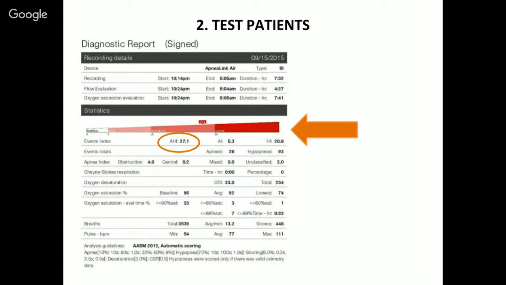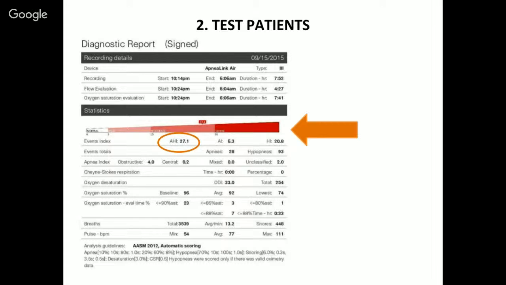Okay, you can see on there apnea. Recording time, 7 hours and 52 minutes. Flow evaluation time, 4 hours and 27 minutes. That's how long the nasal cannula was in. So this person who did this test, they must have pulled the cannula out of their nose because they actually had the device on for 7 hours and 52 minutes.